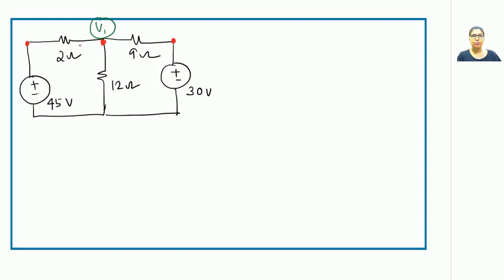I have represented these 3 nodes by red dots and I am writing them as VA, VB and VC. And once we solve for VA, VB, VC, what will be the value of V1? It will be equal to whatever value we obtain for VB. That is clearly visible from our analysis.